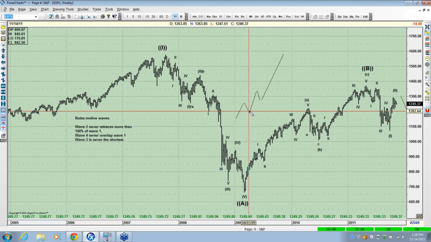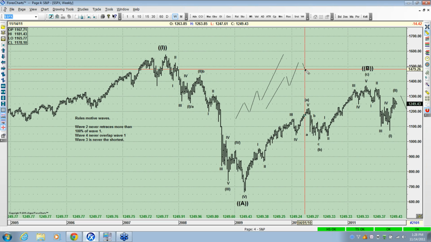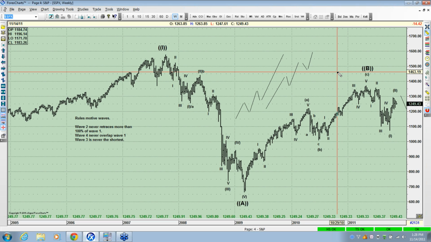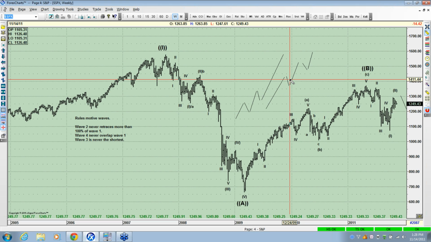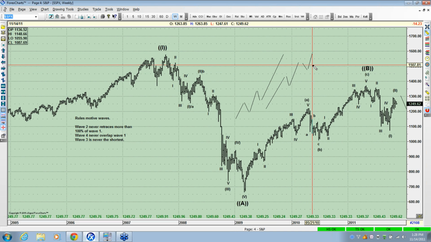And wave 2 does not retrace more than 100% of wave 1. That's an impulse. You can have it here also, and that is an impulse. That's an impulse also. While wave 1 wasn't extended, other rules are there. That does not matter.